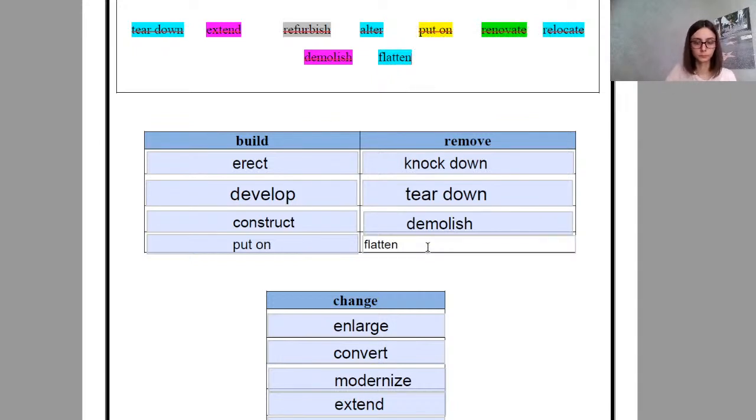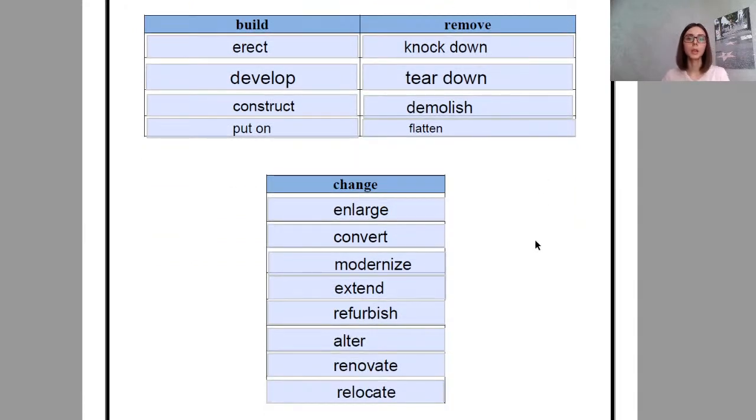So this is the way how you can use synonyms to make your answer better in terms of using synonyms and more advanced vocabulary. So let's go over these phrases together again. So instead of saying build, you can say erect, develop, construct, put on.